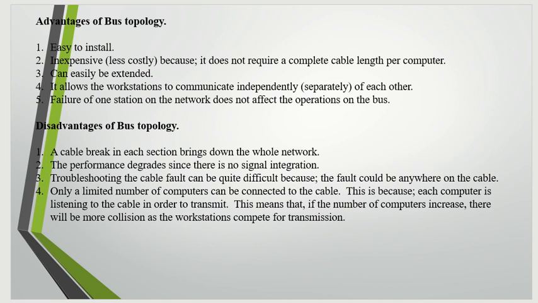Only a limited number of computers can be connected to the central cable or the backbone. This means that if the number of computers increases, there will be more collisions and hence slower transmission.